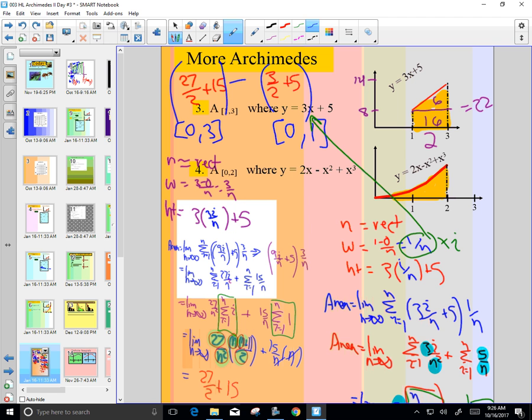So 27 halves minus 3 halves is 24 halves, and 15 minus 5 is 10. What's 24 halves? 12 plus 10 is 22, isn't it? So we got it. That one should be easy, but I don't think it is. I think it's tricky with that little constant. Nice job.